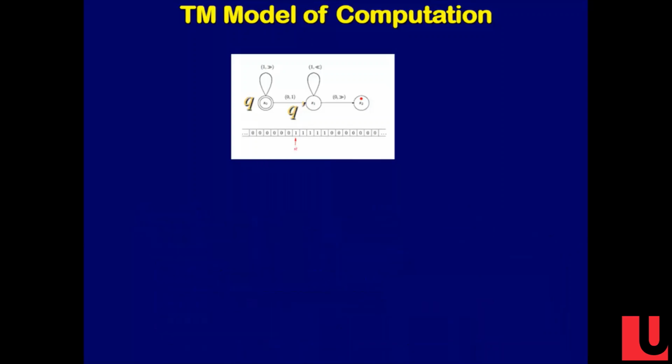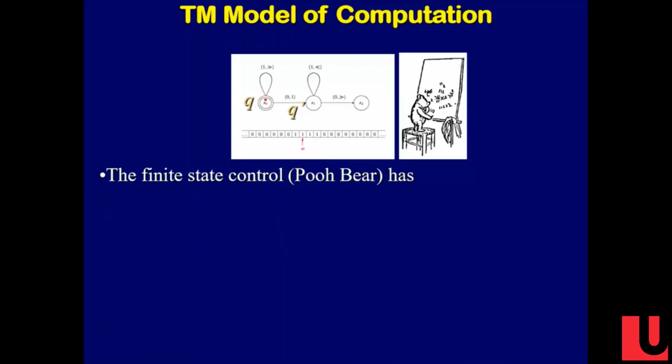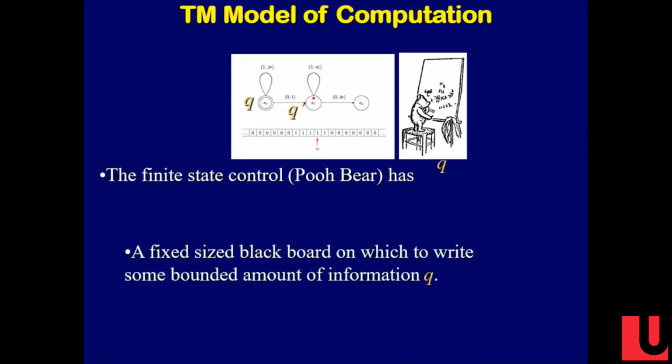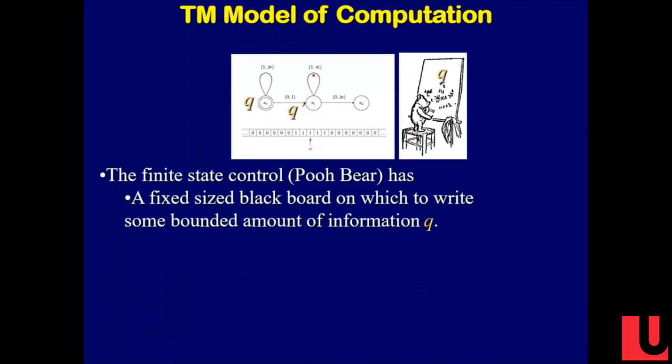Everybody got this? All right, so now I talk about Pooh Bear. I'm going to forget about the submarine mostly and focus on what Pooh Bear knows. So he has a blackboard or a whiteboard of a fixed size, and on that board he can write anything he wants.